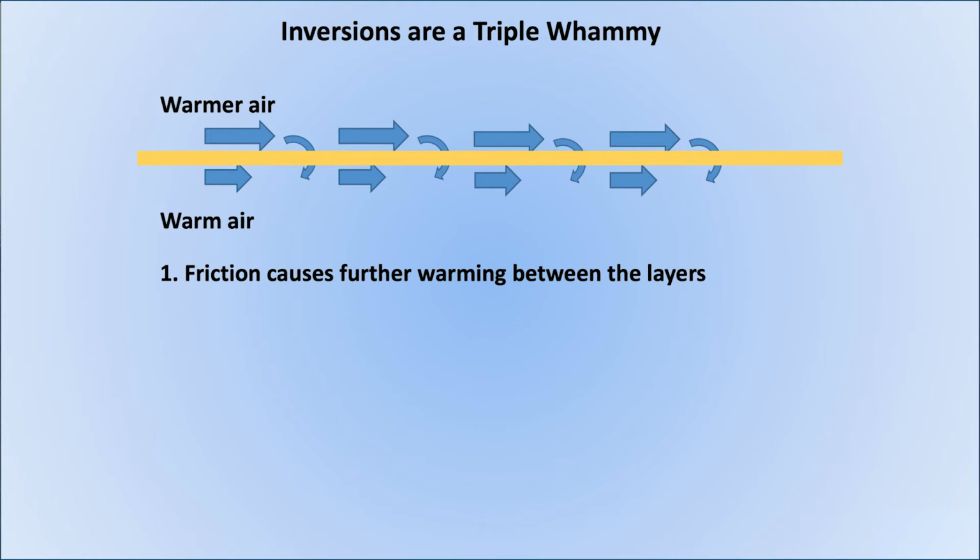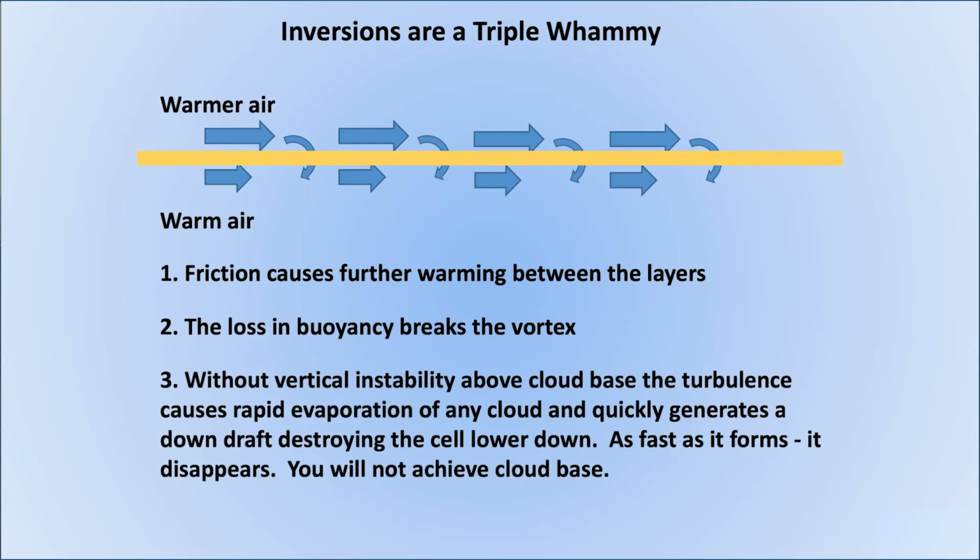This actually causes friction, which causes further warming between the layers. So it reinforces the inversion at that point. The loss in buoyancy breaks the vortex that's trying to rise through it.